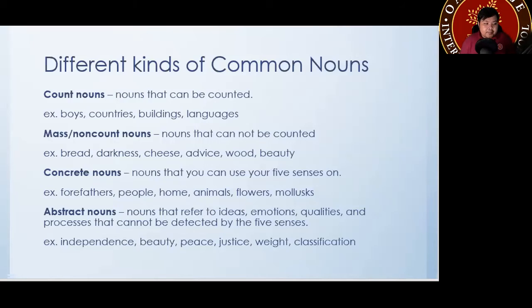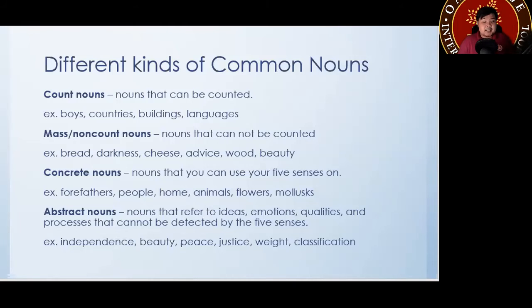But then again, beauty is an opinion. It's not true for everyone. What's beautiful for you is not beautiful for everybody else. What is beauty in your eyes is not beauty for everyone else's eyes. Therefore, beauty here is an idea, and ideas are abstract nouns.